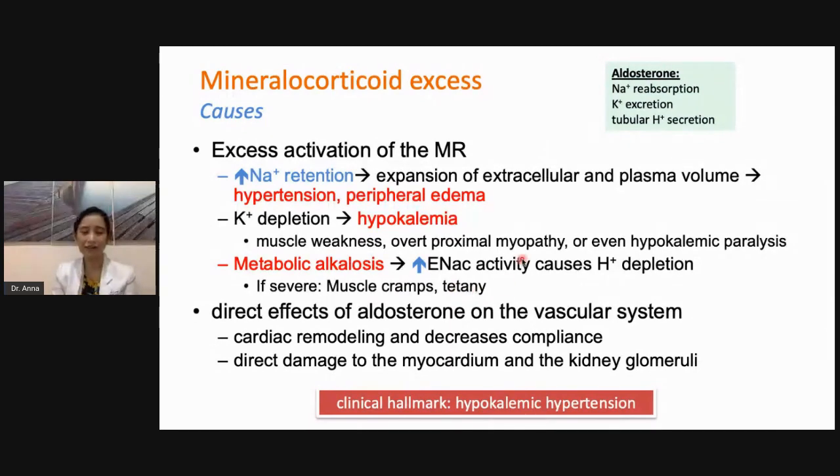So therefore, no, clinically your patient will have hypokalemic hypertension. But you have to remember also that not all patients with mineralocorticoid excess present with hypokalemia. Some of them will just have hypertension. No?